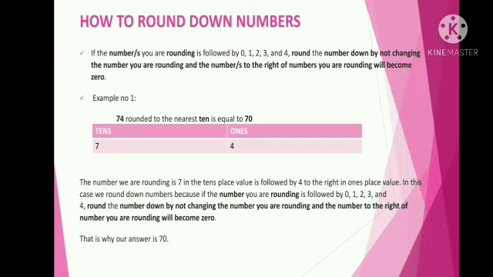In this case, we round down because if the number you are rounding, which is 7, is followed by 0, 1, 2, 3, or 4, round the number down by not changing the number you are rounding. So 7 will stay as 7. It will be retained. And the number to the right of the number you are rounding will become 0. So 4 will become 0. That is why our final answer is 70.